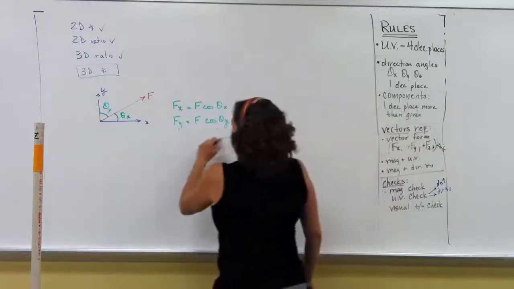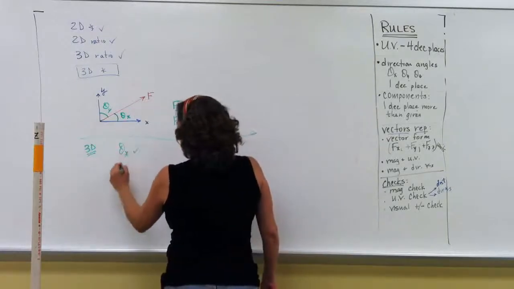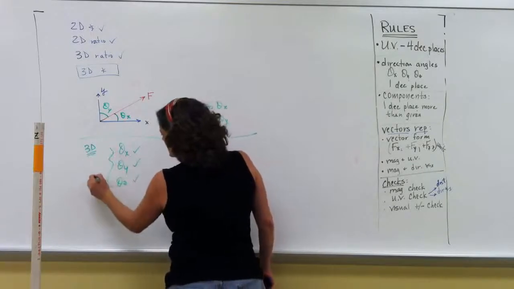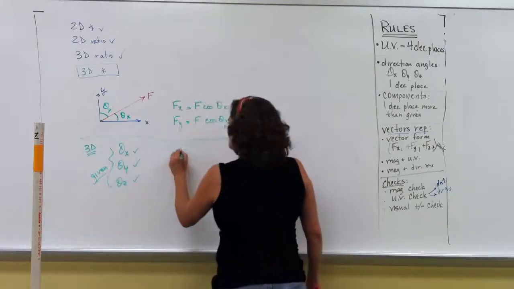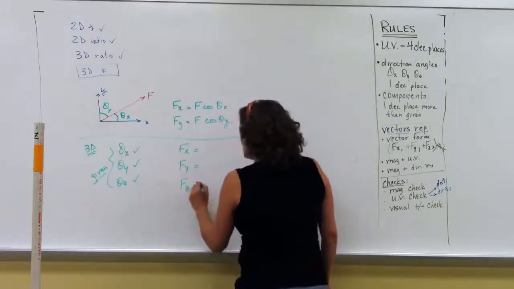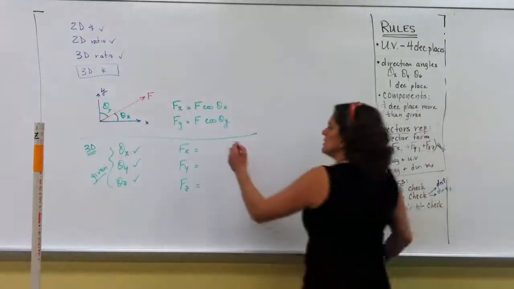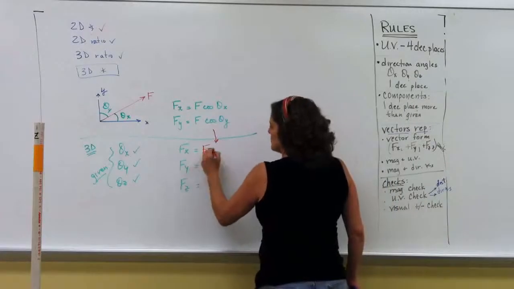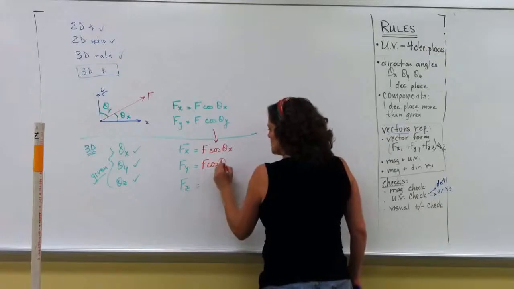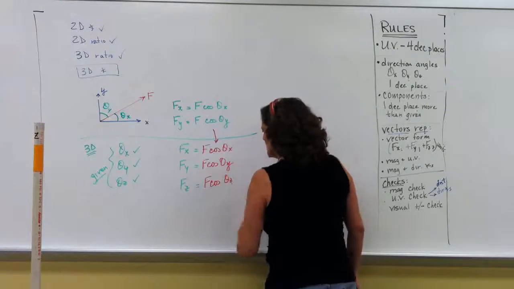What if it was a 3D problem? If you were given theta x, theta y, and theta z, how would you solve for Fx, Fy, and Fz? It would really be the same as what you did in the 2D problem, right? It would just be carried through. Fx is F times the cosine of theta x, Fy is F times the cosine of theta y, and Fz is F times the cosine of theta z.